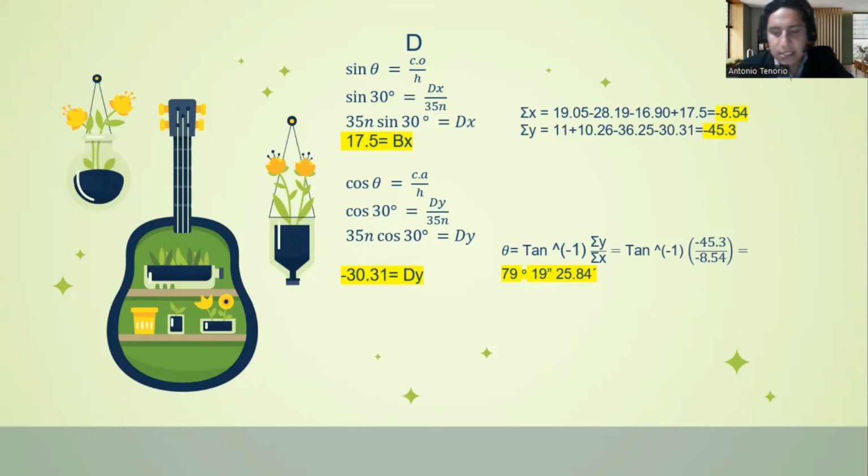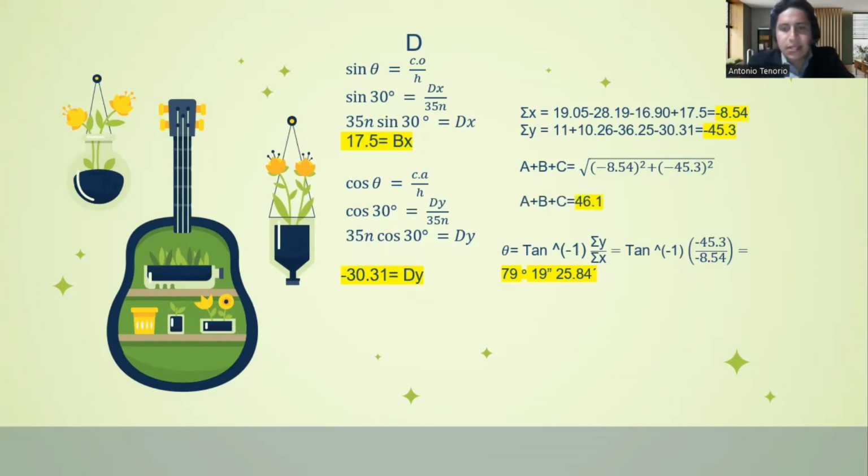And the next step of the problem is to add A plus B plus C, and the result is the resultant, and this is the final problem.